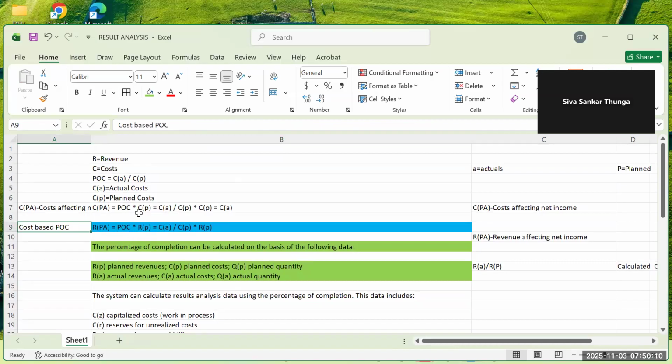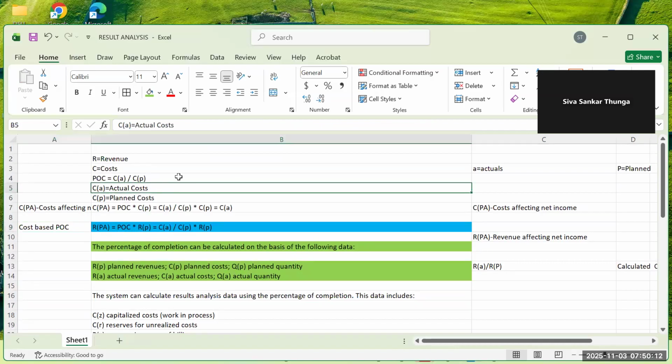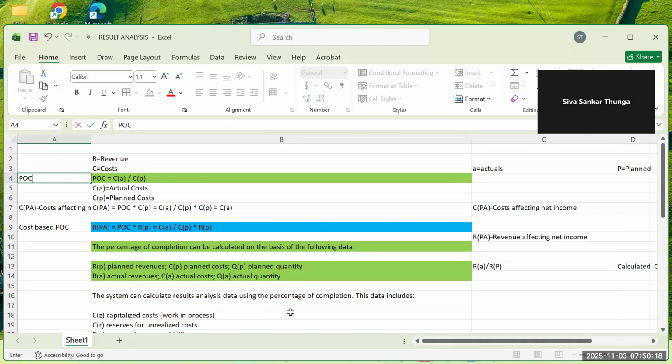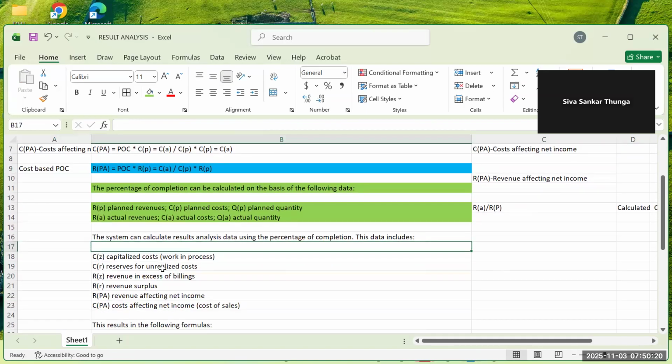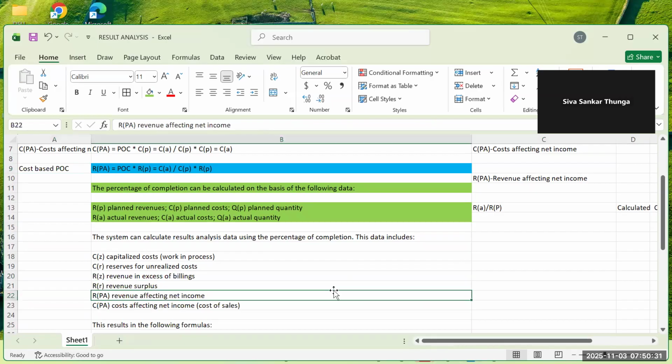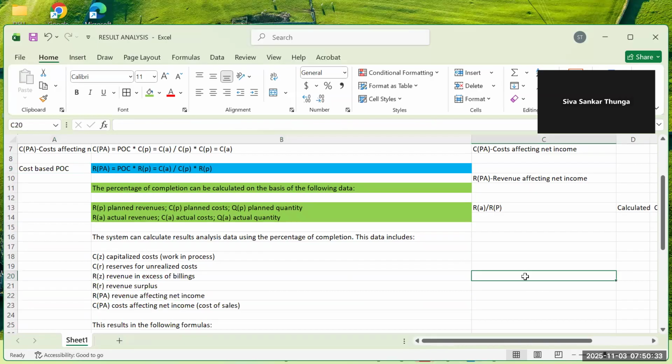Based on this POC formula, which is important for us, it will calculate the capitalized cost, that is how much cost is incurred and what is going to the inventory, reserves for unrealized cost, revenue in excess of billing, revenue surplus. Revenue in excess of billing means POCI.